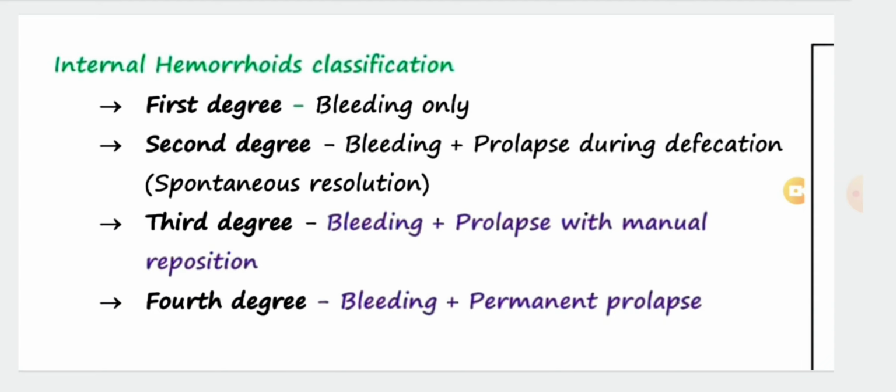So in second degree the prolapse goes back spontaneously, while in third degree we have to reduce it manually. And in fourth degree hemorrhoids, there is a permanent prolapse, meaning the hemorrhoids don't go back spontaneously, nor can the prolapse be repositioned manually.